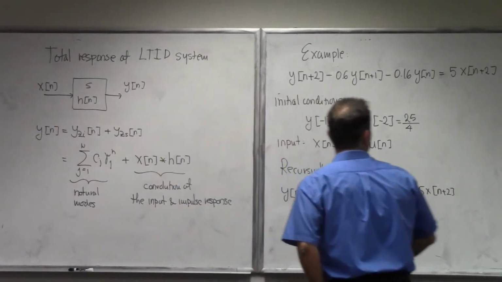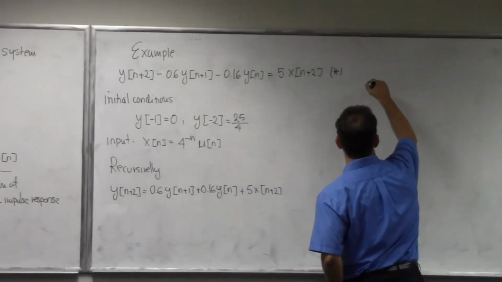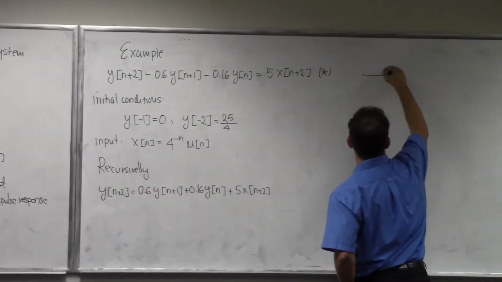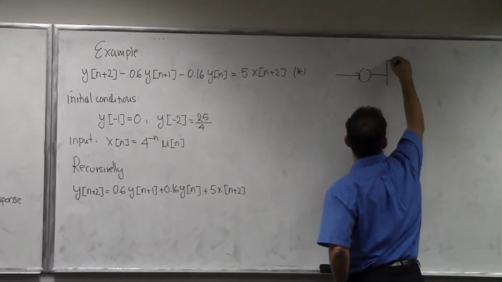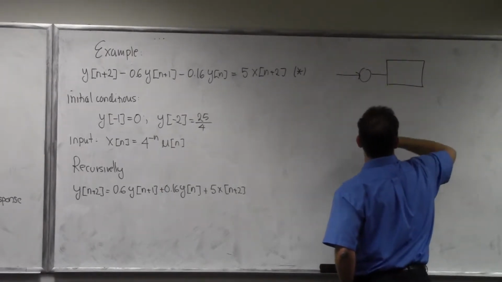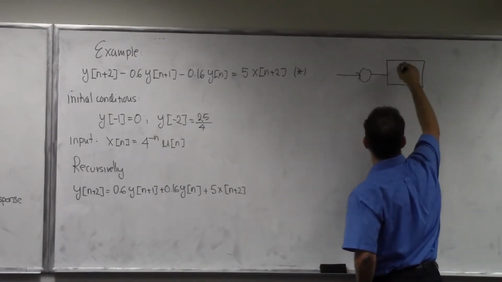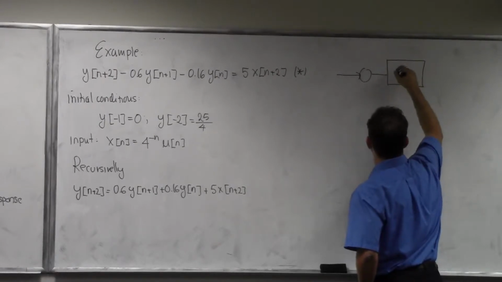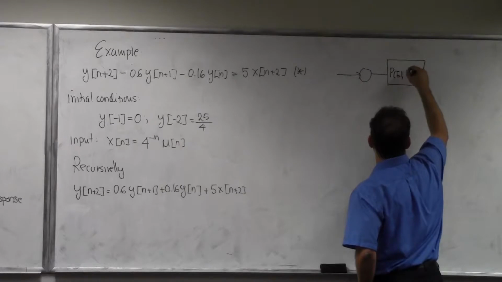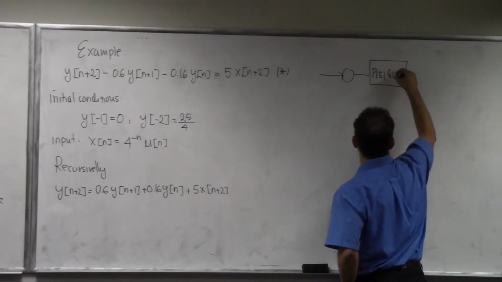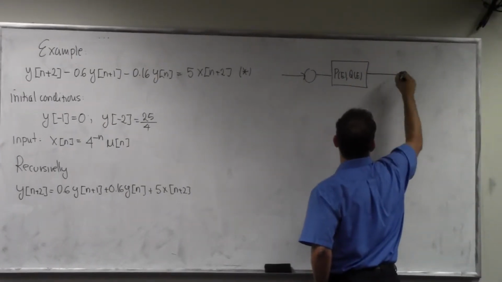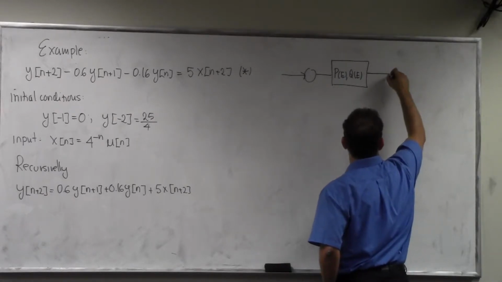Just since you asked, let me just put the basic diagram here. And I'm sure you've seen this. Let's say you have your system here that has a difference equation with P of Z and Q of Z, right? And this is the output.